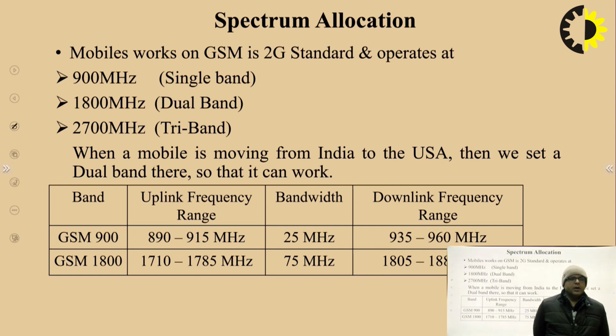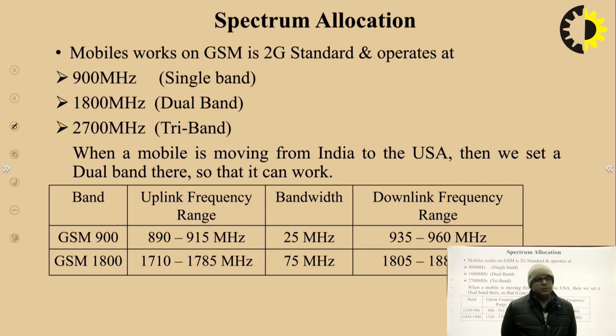When any mobile is moving from India to USA, we require dual band so that it can work properly. So mostly mobiles have dual band which uses two frequency ranges so that we can access the communication services at any location.